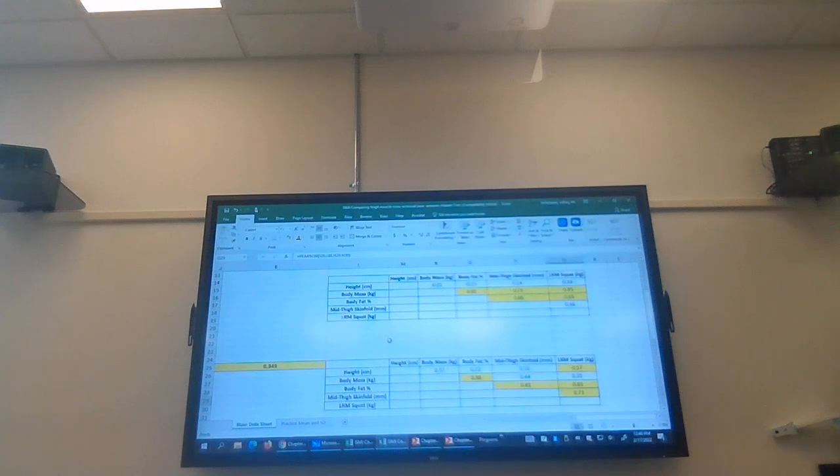If you're in your project and collecting lots of variables, sometimes it's useful to look at correlations. Then you could report in your results this matrix type so you can see everything all at once.